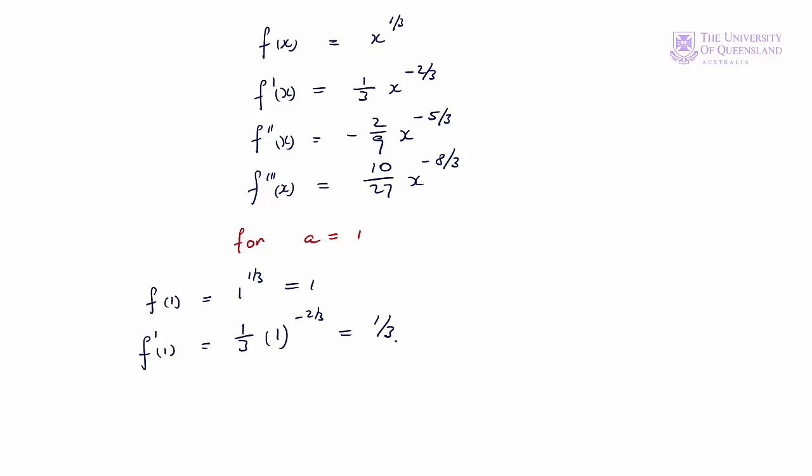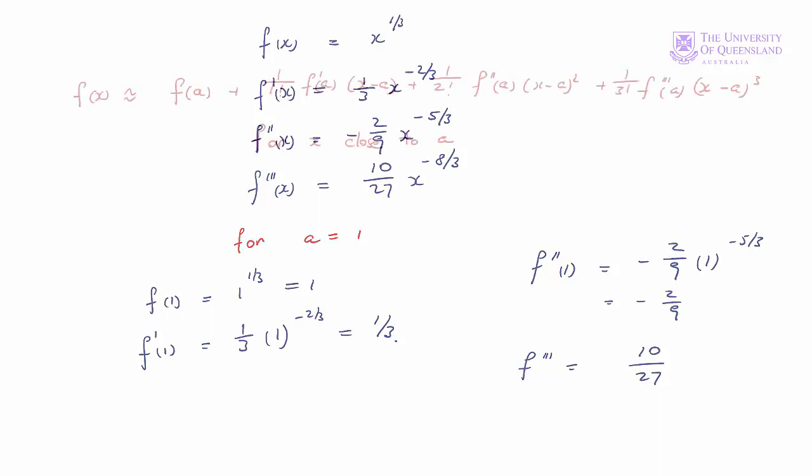The second derivative, f double prime, evaluated at 1, will equal minus 2 on 9 times 1 to the minus 5 on 3, which is minus 2 on 9. And finally the third derivative is equal to plus 10 on 27.